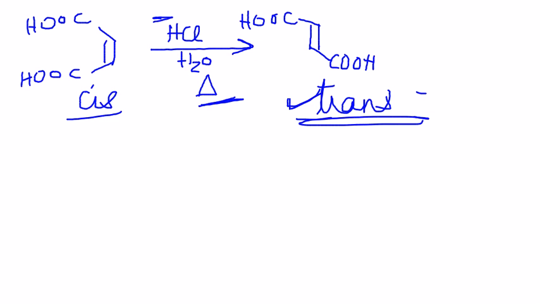Now, first things first, like I said, it's a cis isomer, which is going to give you a trans isomer. And that means that you are carrying out the reaction on the double bond, and so you will need to break that double bond and then reform that double bond. Now, how that HCl adds on that double bond, that is the question.